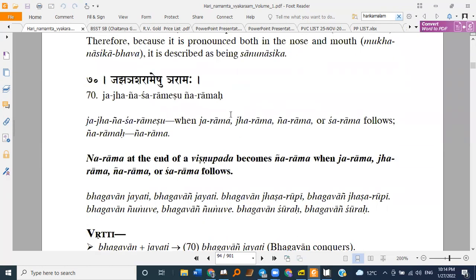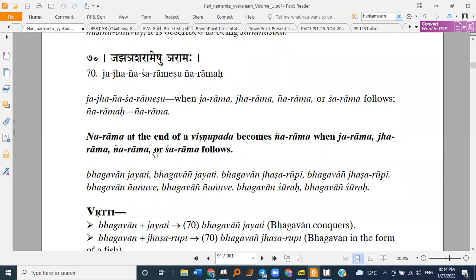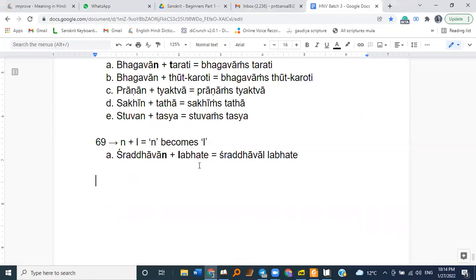Then Ja, Jha, Ng, Sharameshu, Ng, Rama. This sutra says that if we have Na Rama at the first place, followed by either Ja Rama, Jha Rama, Na Rama, or the Talabya Sha, then Na Rama becomes Nya.